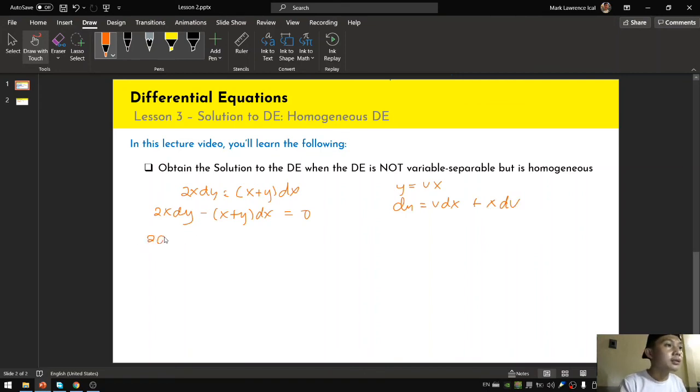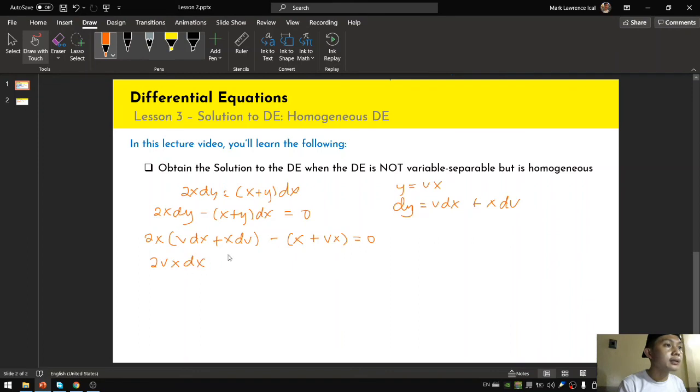So, 2x times dy, so dy is v dx plus x dv, minus x plus vx equals to 0.